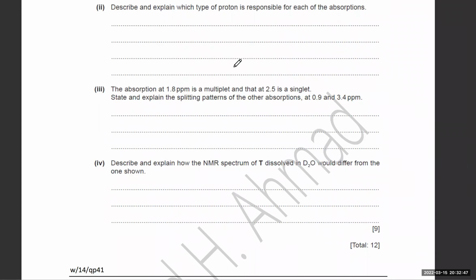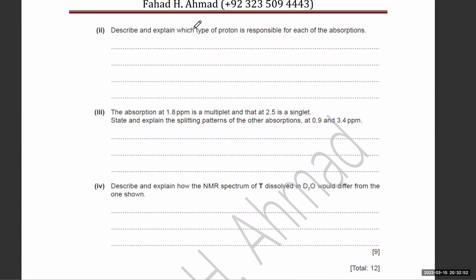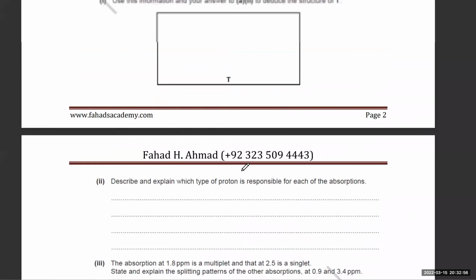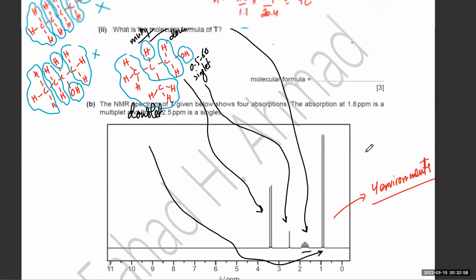The other part is that he's saying describe and explain which type of proton is possible for each of the absorptions. You can just look at the mark scheme. Basically, he's asking what the absorption at 0.9 is, I think. That is this one, the CH3 hydrogen protons.